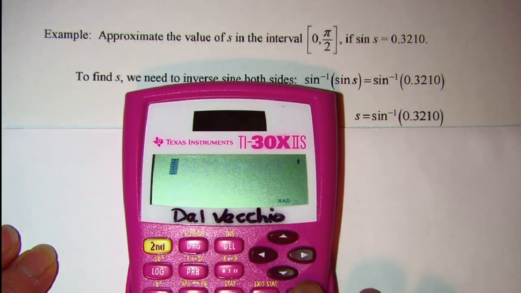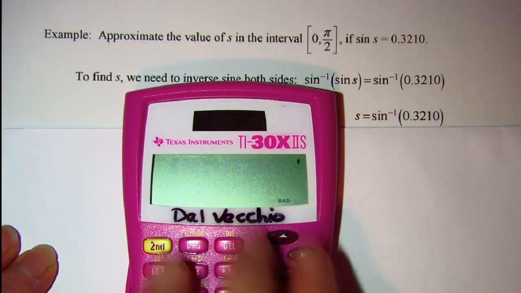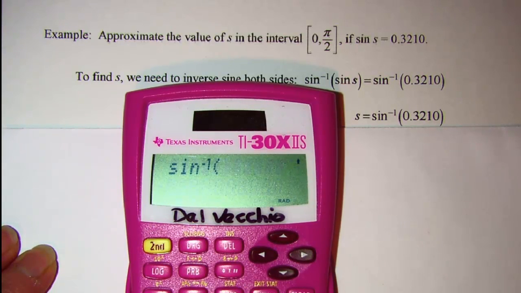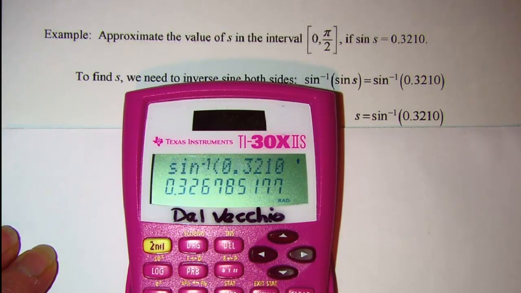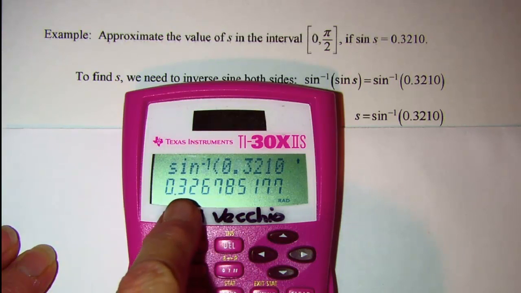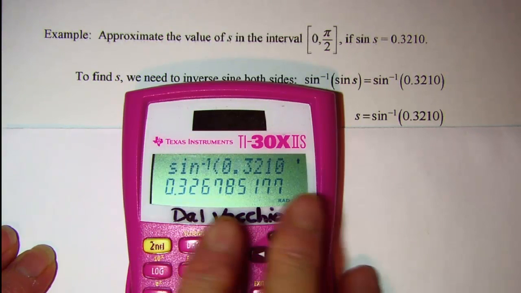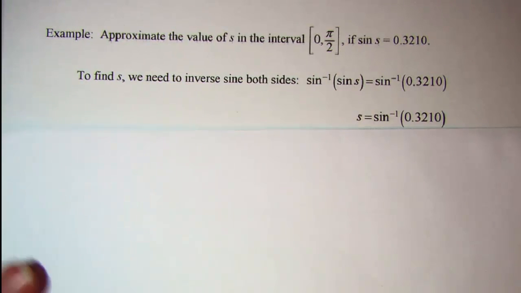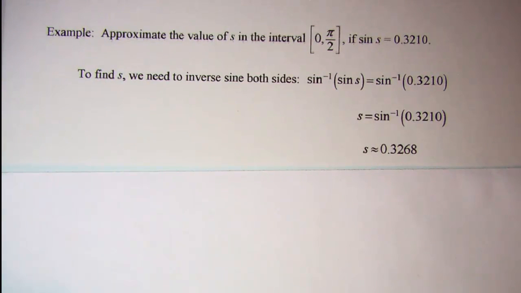Now I can do that math. Inverse sine we get by taking second sine, and then 0.3210. And it looks like my angle measure is 0.3268. Remember, we're dealing in radians.